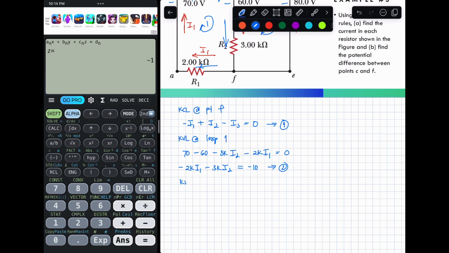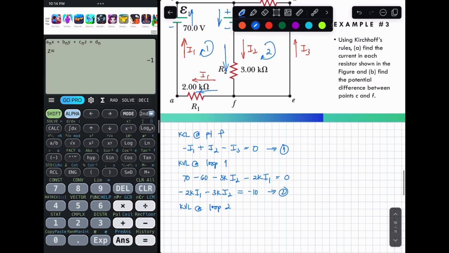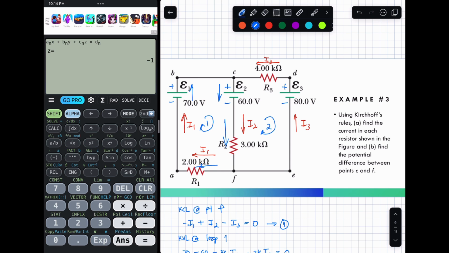And then lastly, I could have the KVL at loop 2. The KVL for loop 2. I'll start with the 3K. So this is my loop.